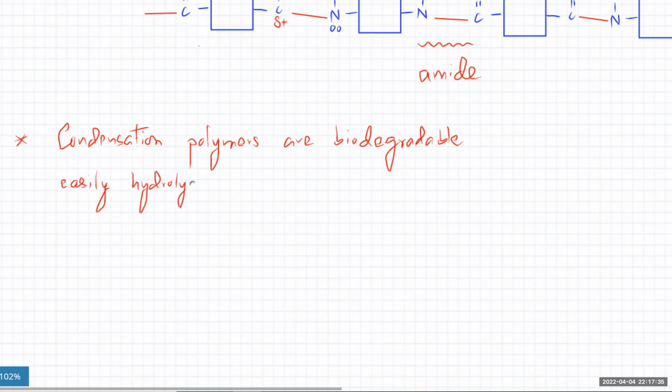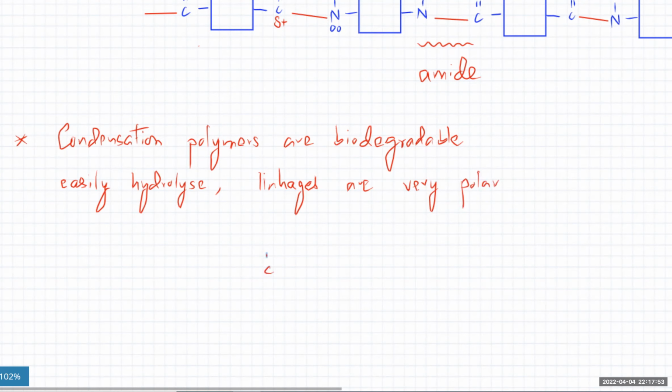Why? Because the linkages are highly polar. They attract water molecules very strongly.